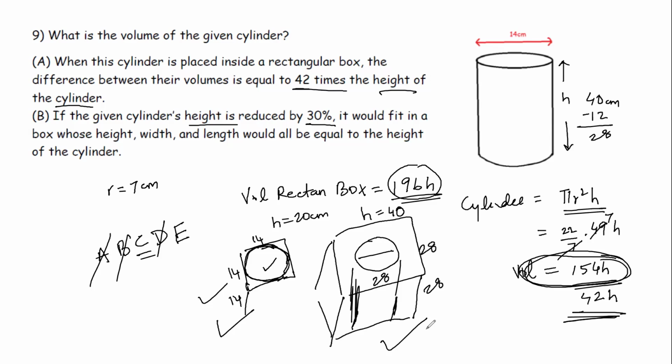So when height, width, and length are equal, then they're talking about a cubical box. And the first one is talking about a rectangular box. But we are not here to discuss the volume of the box. We're here to discuss the volume of the given cylinder. So taking both statements together, we don't get an answer.